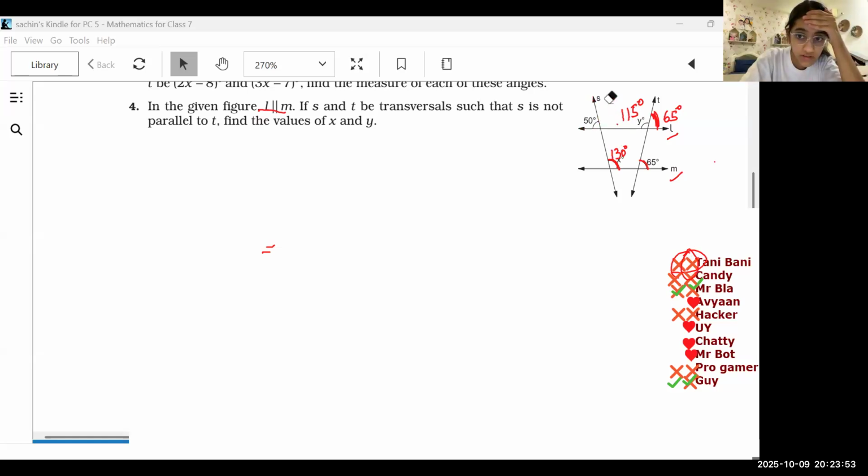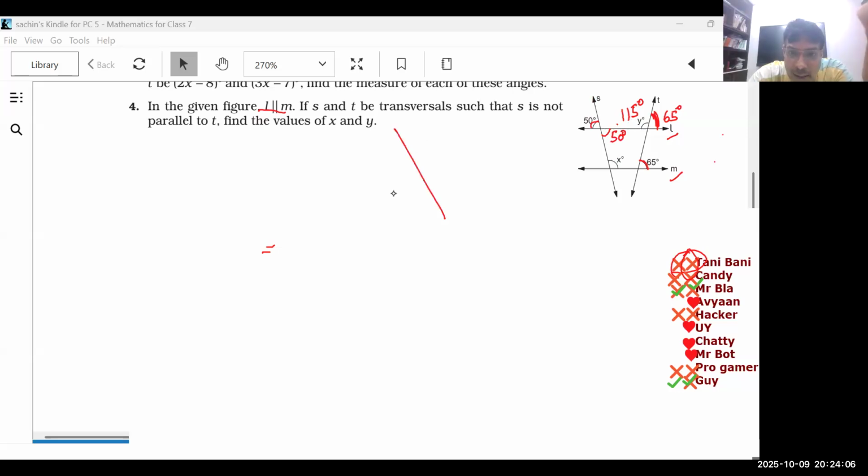Corresponding. There was another way, we could also do it like this. This is 50, this also will be 50 degrees. What's the reason? They are alternate. No, two lines are intersected, and they are opposite angles, vertically opposite angles.